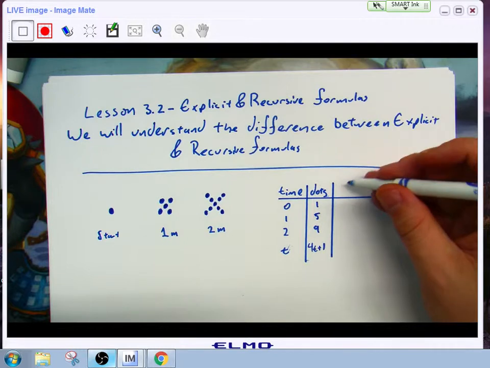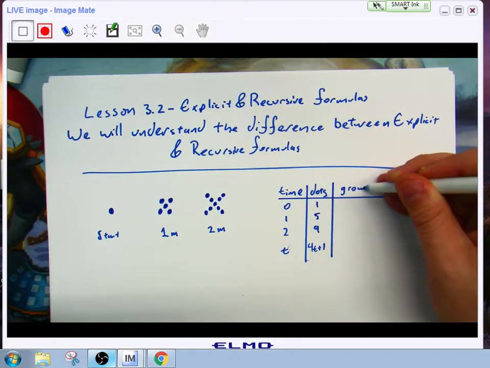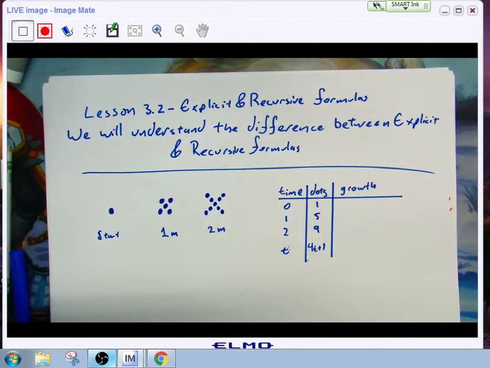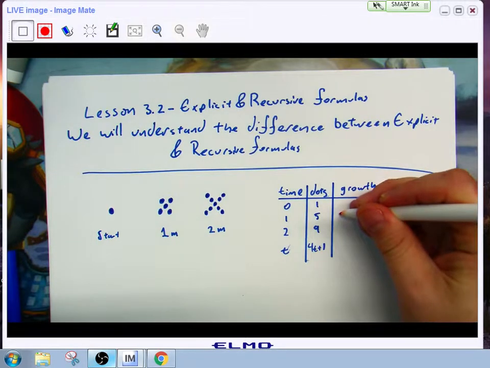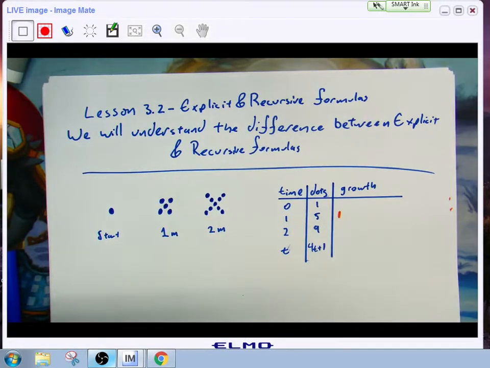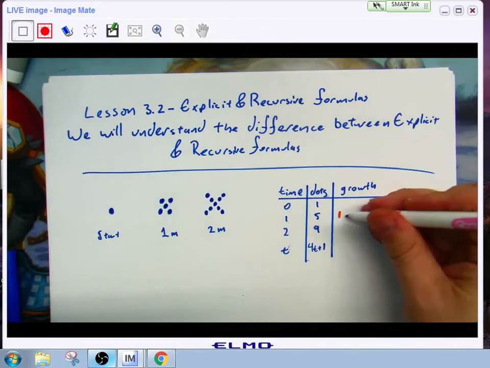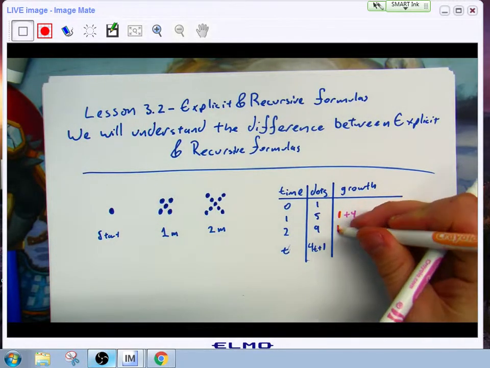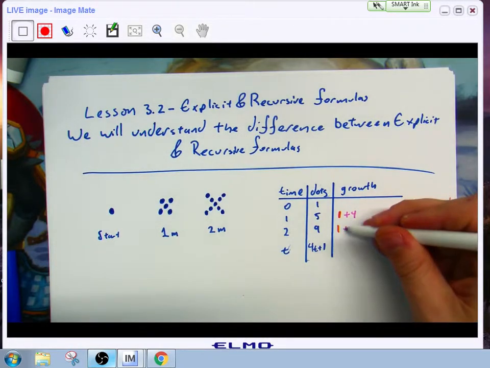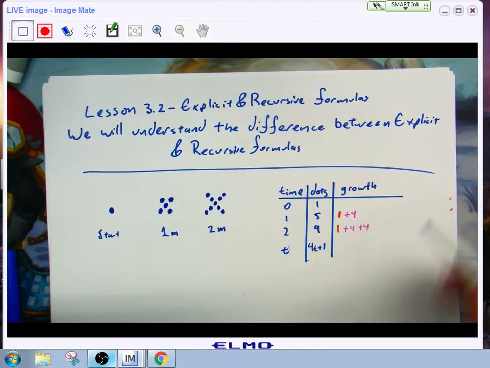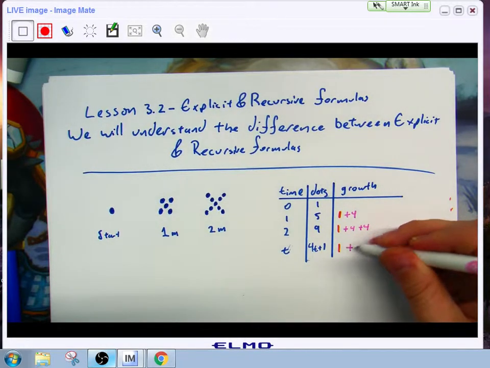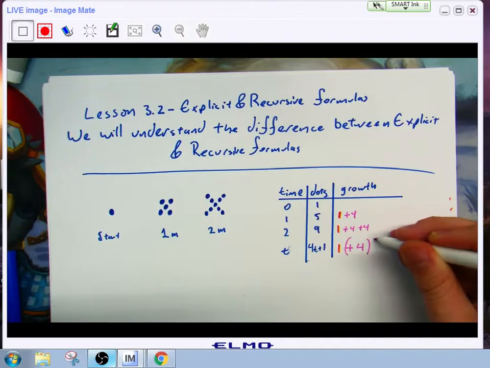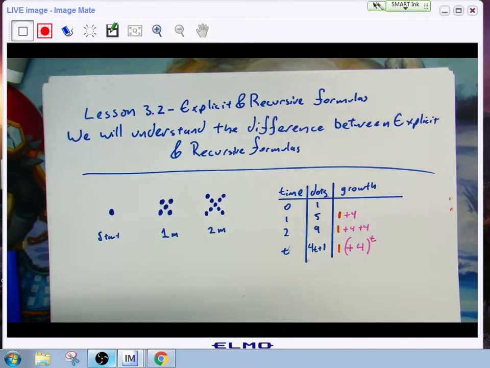And then we also had our growth, where we noted that at step 1 we had our original amount plus 4. At 2 we had our original amount plus 2 4s. And then just generically we had our original amount plus 4 times the number of t's we had. Okay, you guys remember this? This is just kind of summarizing what we did yesterday.